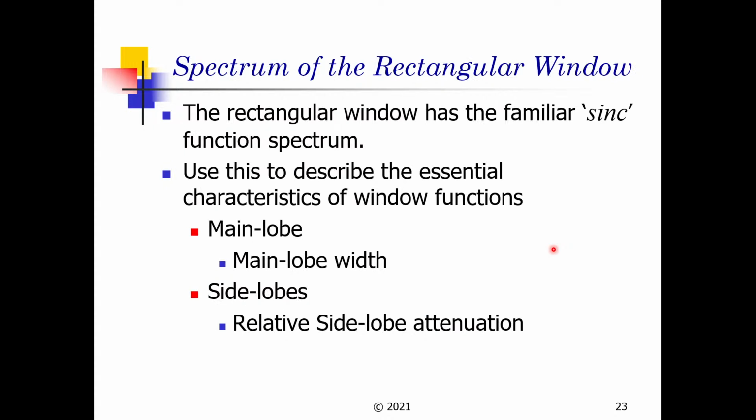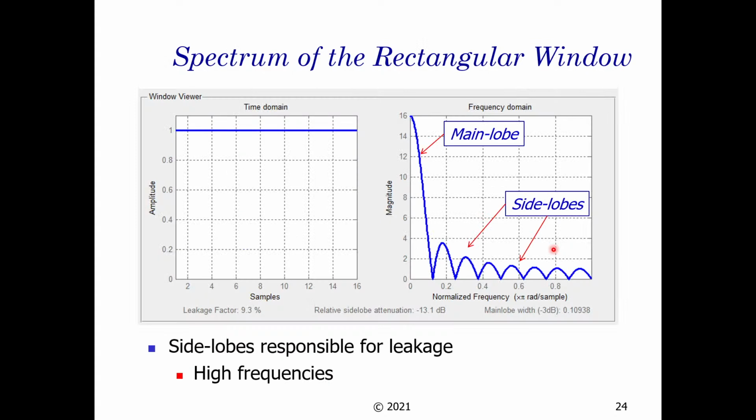The reason for the unwanted frequency components in the spectrum of the rectangular window, because of that sharp start and stop, is that when we did the frequency analysis of the rectangular window, we got the sinc function instead. Let's watch the sinc function a little bit closely.